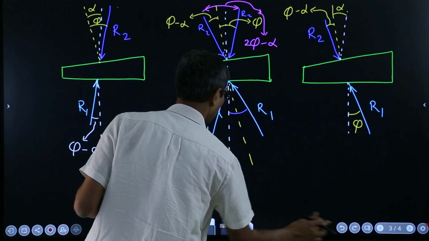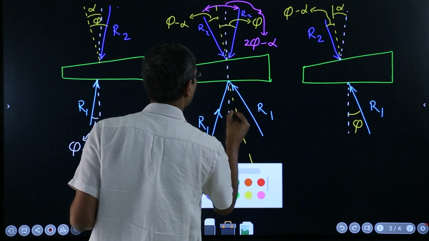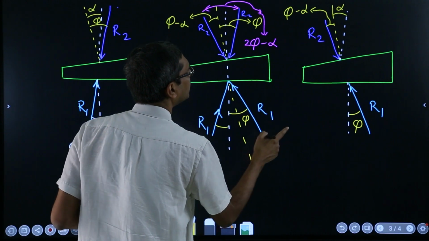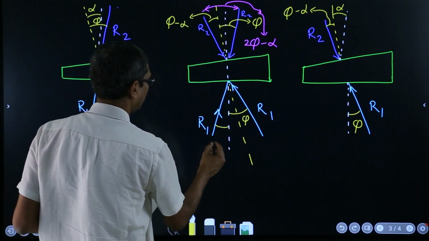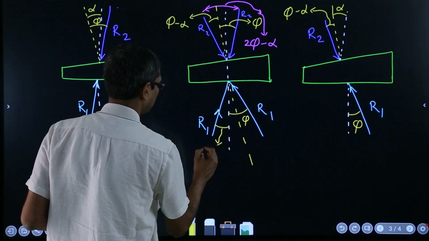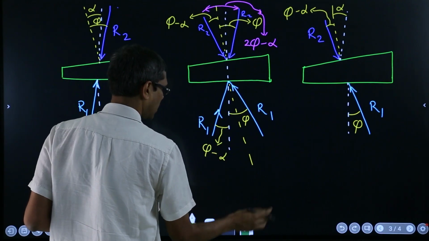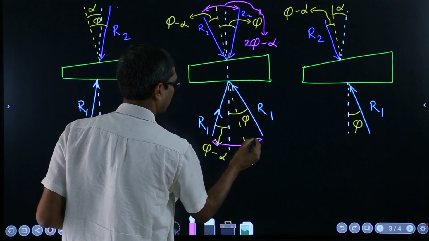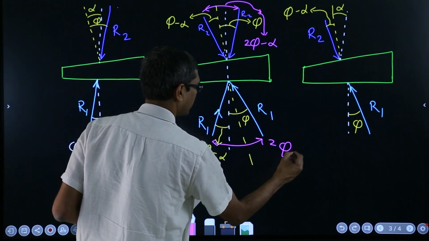This angle is phi, and what about this angle? This angle is phi minus alpha. This is phi minus alpha. So what is the total angle? Again 2 phi minus alpha.